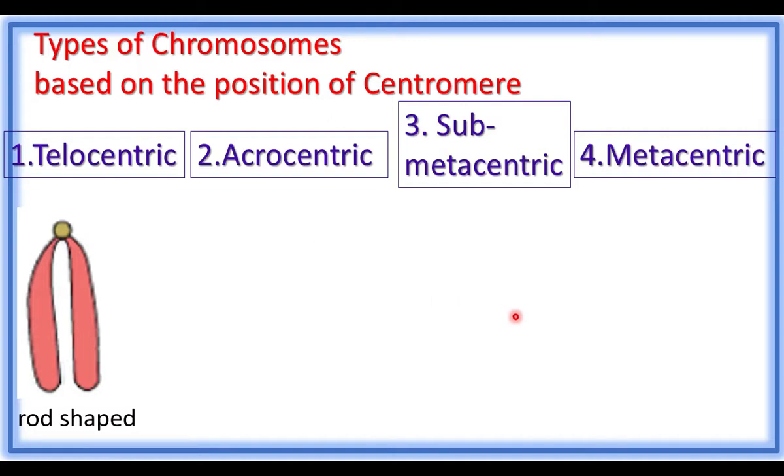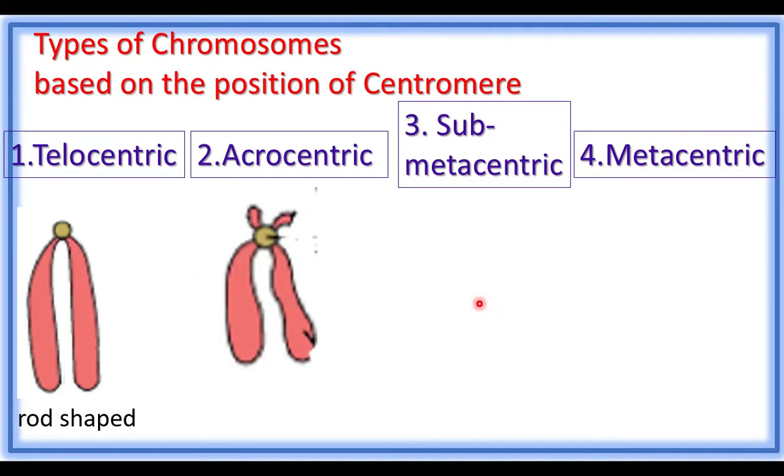In acrocentric chromosomes, the centromere is found near the end. This chromosome has unequal arms, short arms and long arms. Acrocentric chromosomes are also rod shaped. The word acro also refers to end. Telocentric, the centromere is present at the end. In acrocentric chromosomes, the centromere is present near the end.